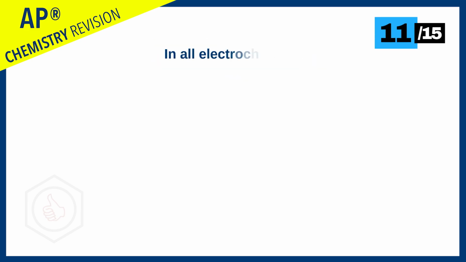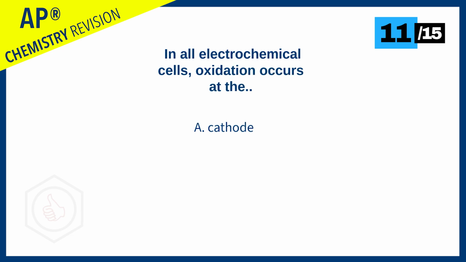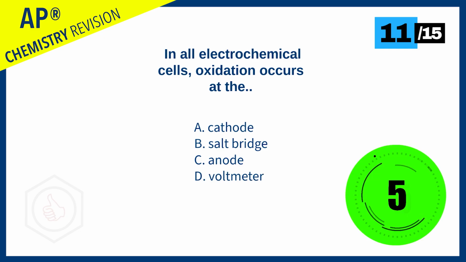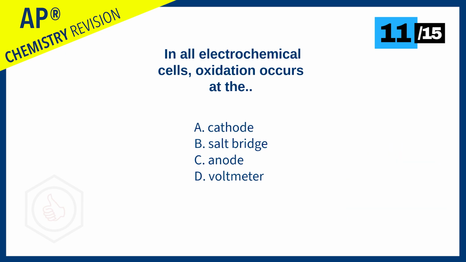In all electrochemical cells, oxidation occurs at the cathode, salt bridge, anode, or voltmeter. The answer is anode, because the cathode is where reduction takes place and the anode is where oxidation takes place.